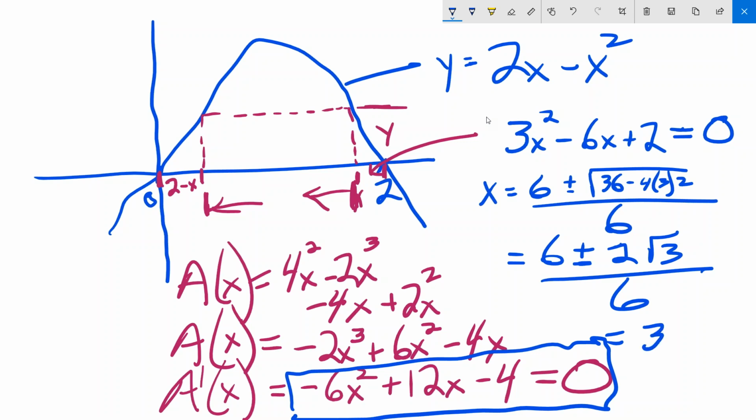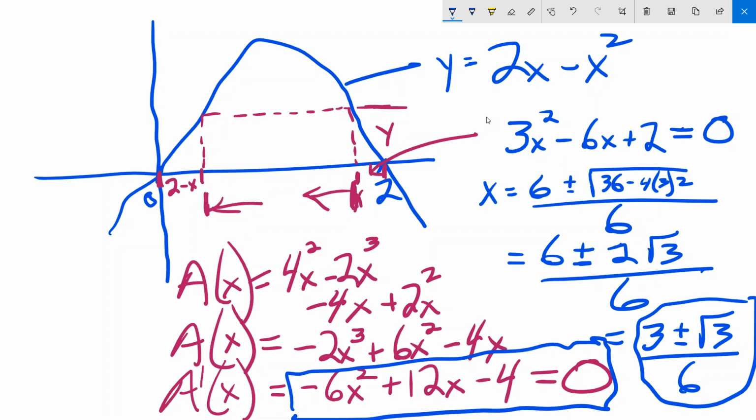So we get 3 plus or minus root 3 all over 6. I like this answer better because that's the typical format for the quadratic formula: a numerator that has a plus or minus between an irrational number and a whole number, all of it divided by a real number.